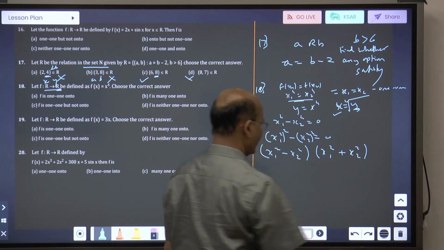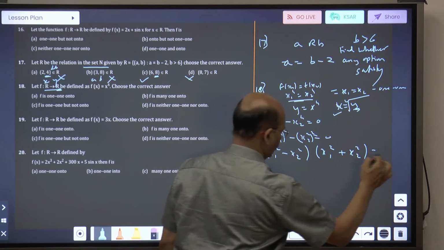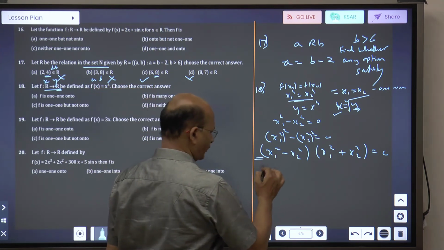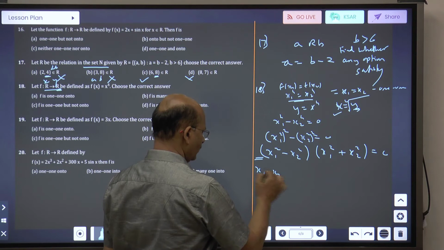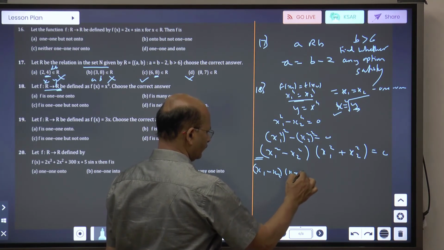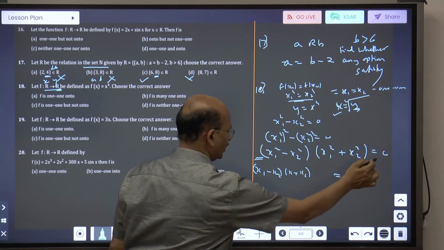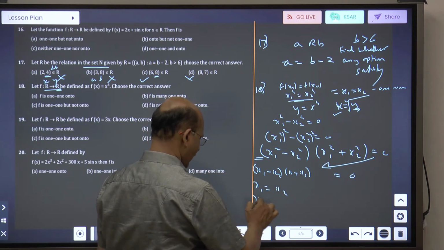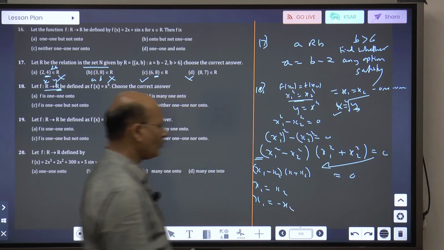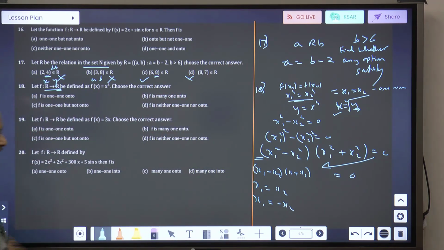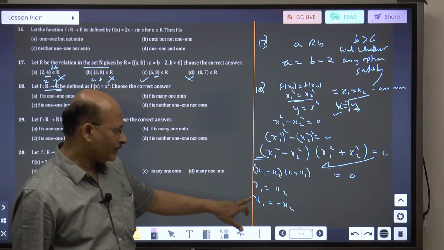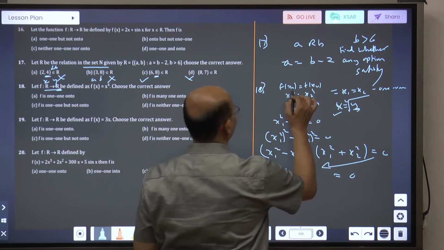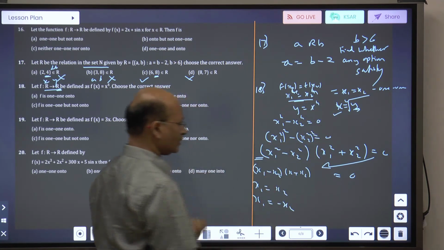Now this is something very interesting, equal to 0. So x1 square minus x2 square. So here look at this option. This is (a minus b)(a plus b) equal to 0. So immediately x1 is equal to x2 and x1 is equal to minus x2. What I am trying to say is 1-1 hoga hi nahi, because one element x1 is having two images, x2 and minus x2. I am sorry for that because it was a fourth root. It didn't strike me. But you have to solve this way also.